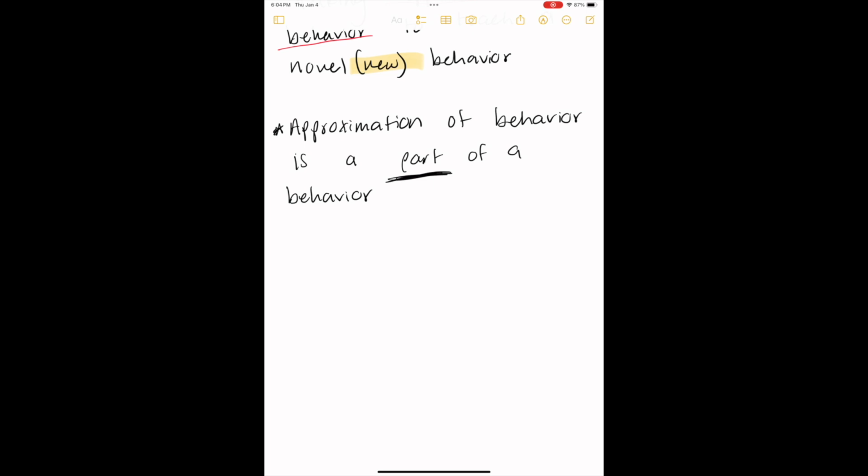And so let me backtrack and say, if you're trying to teach your learner how to say the word book, you're always going to say the full word, and you're going to say it very clearly, and enunciate it in a very exaggerated way so that they can hear it very clearly.